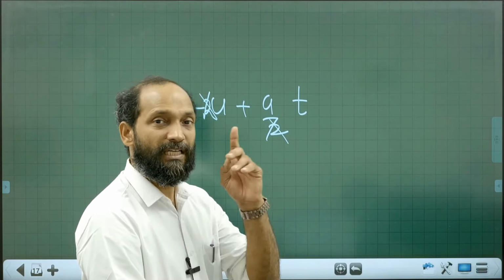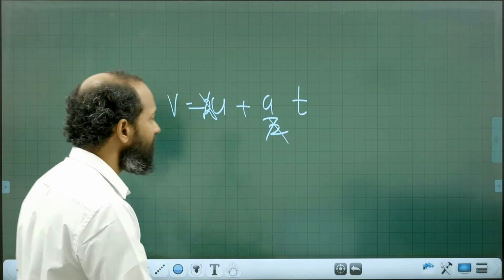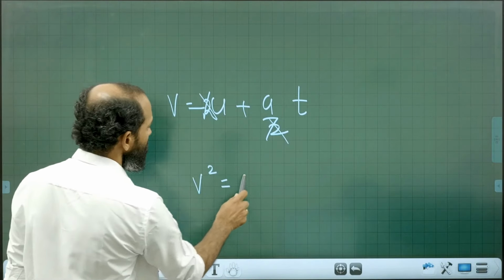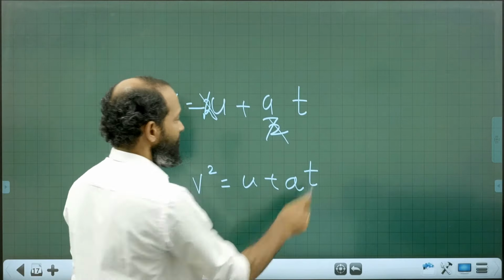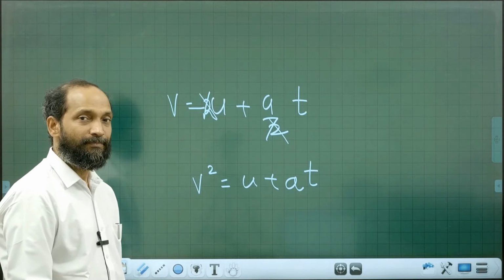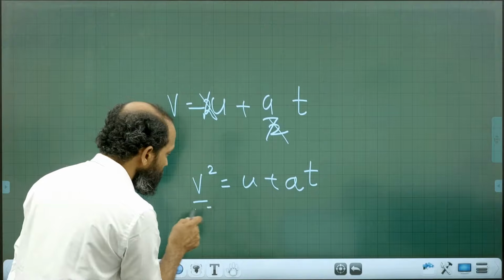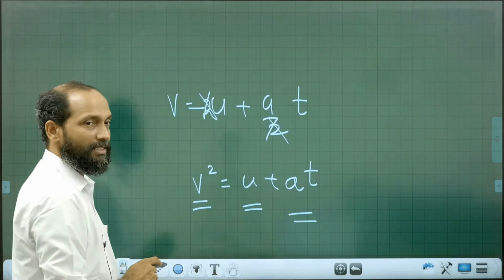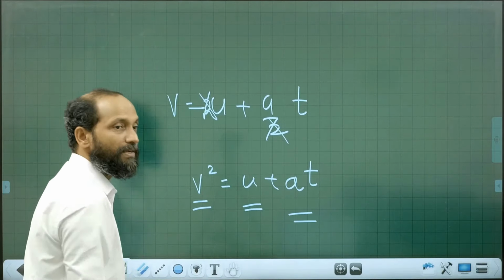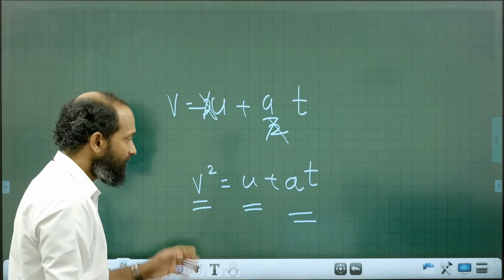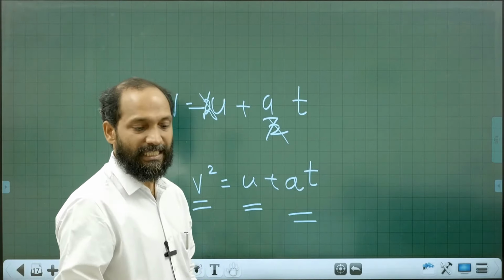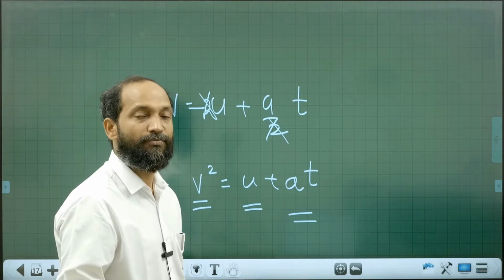But if an equation is dimensionally incorrect, for example v squared equals u plus a t, you try dimensionally: the dimension of each term should be the same, but here each term gives different dimensions. That's why this equation is dimensionally incorrect, and cannot be physically correct.